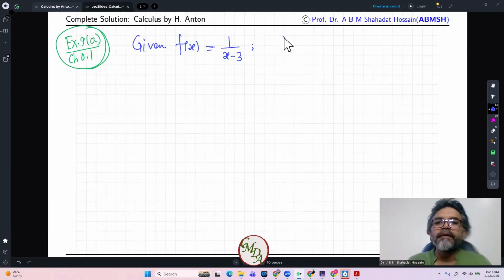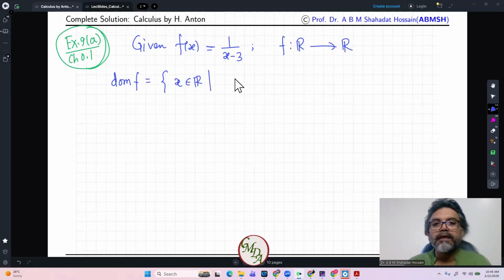Basically, this is a mapping from the set of real numbers to set R, and in this case, we'll find the natural domain, which you can define as the set of all x in R such that f of x is defined.